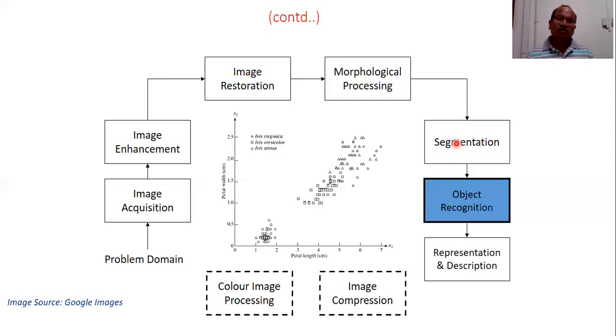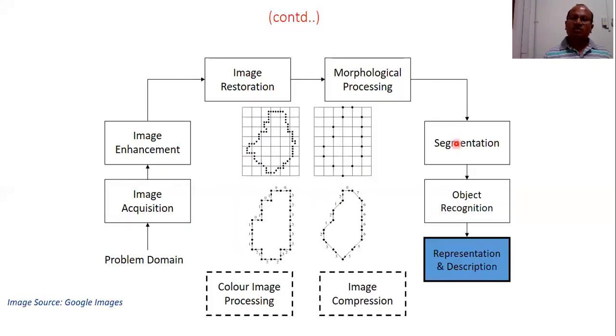So everything, the system present in the self-driving car, recognizes. So what is the system there? It has hundreds of sensors, and through those sensors it captures the data and recognizes the objects and accordingly moves on the road. Then comes representation and description.